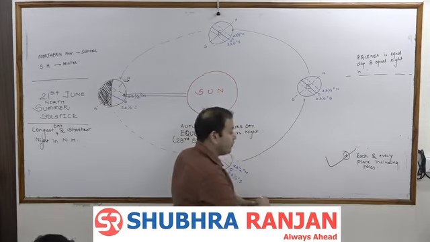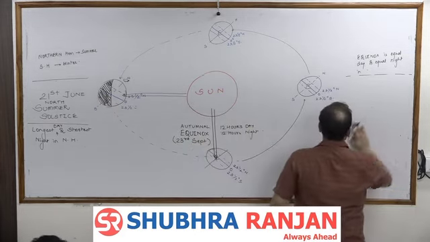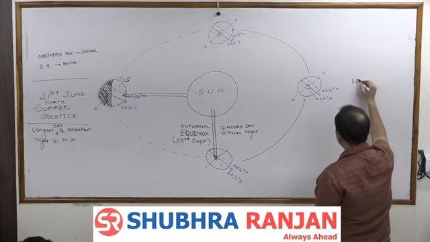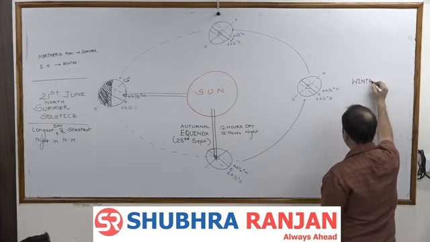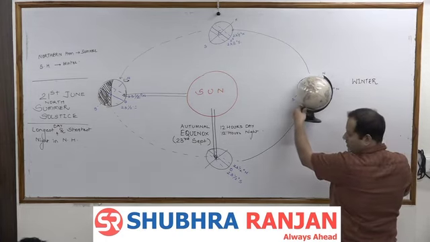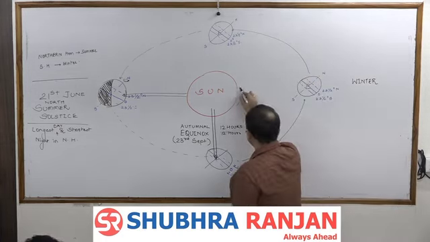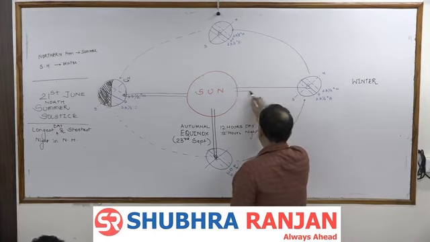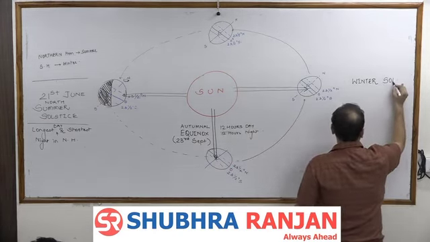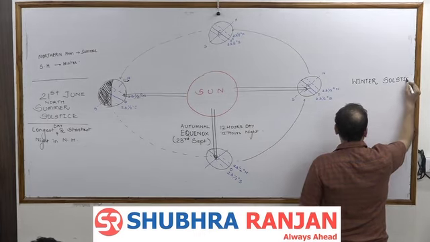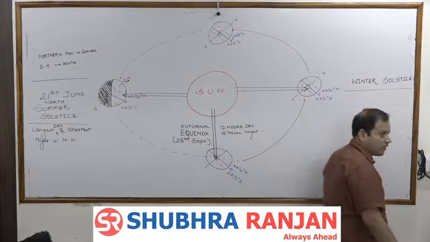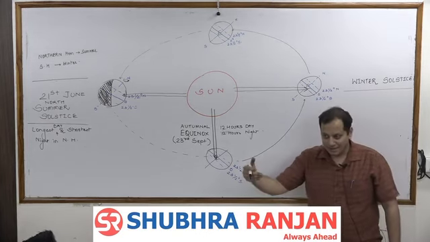And therefore for the northern hemisphere, because the heating is less, we will call this season winter. And exactly on the day when the earth reaches this position, when the sun rays fall exactly on the Tropic of Capricorn, we'll call this winter solstice. But actually it is the summer season in the southern hemisphere.